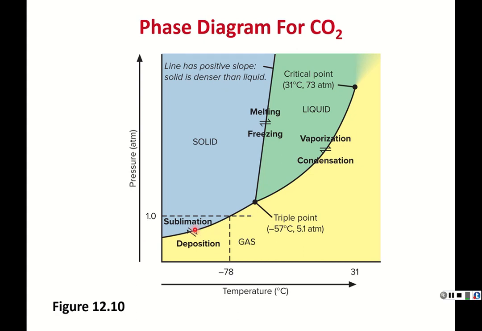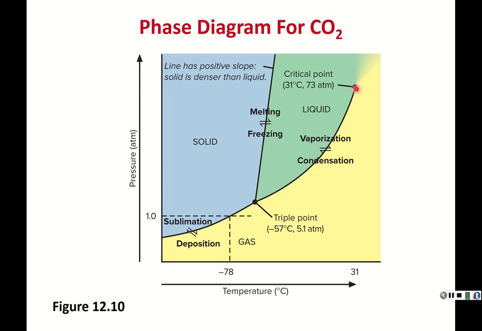So the solid gas interface, the solid liquid interface, and the liquid gas interface all come together at this point. That's called the triple point. And at that particular pressure and temperature, you're at an equilibrium between all three phases.